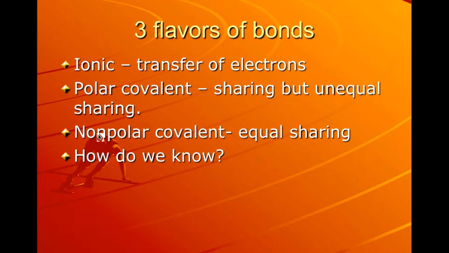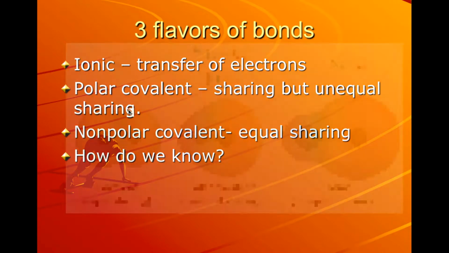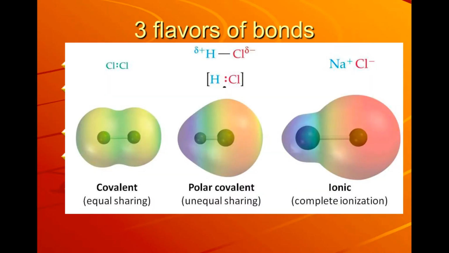Was it a nonpolar covalent brotherhood, or was it a polar covalent brotherhood? It's going to be polar because it was very unequal. He got it whenever he wanted. Is it because that's the way I wanted it to be? No, it's because he was more electronegative. He was more lustful after the things. He wanted the things more often. And since he was bigger than I was, he got them.